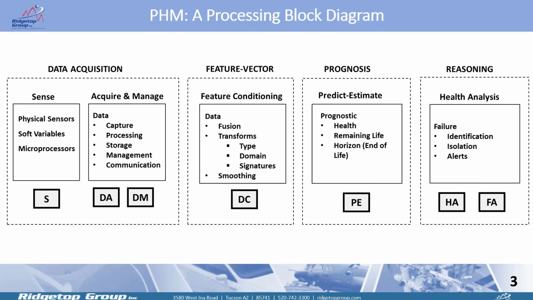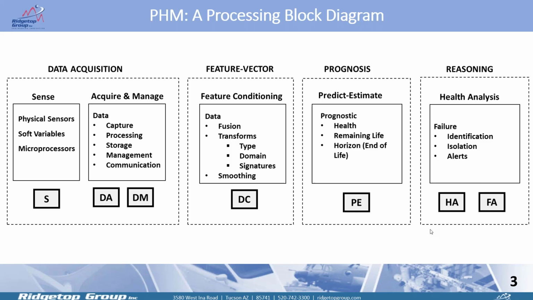There are many ways to look at prognostic health management. One is a prognostic block diagram, and you'll see that, for example, in 2 or 3 of the PHM societies, and they talk about data acquisition. I group that into the sensors framework.